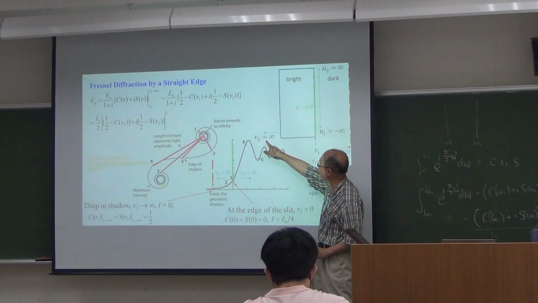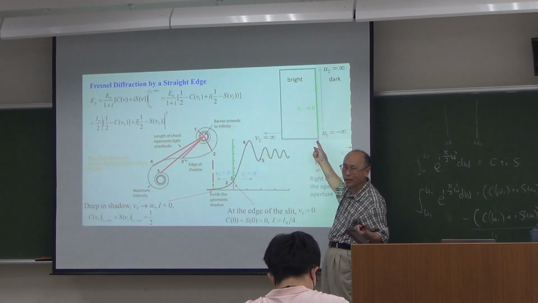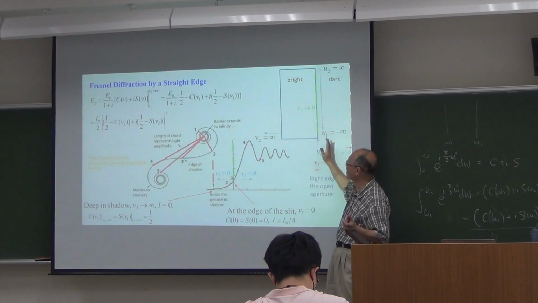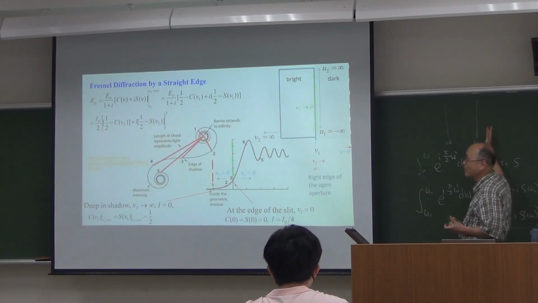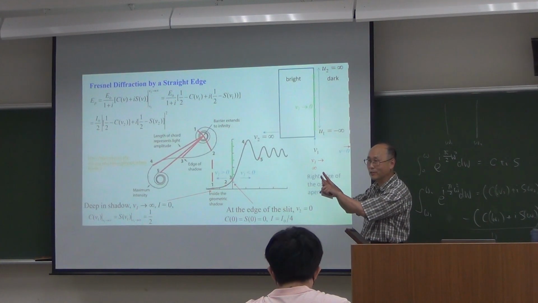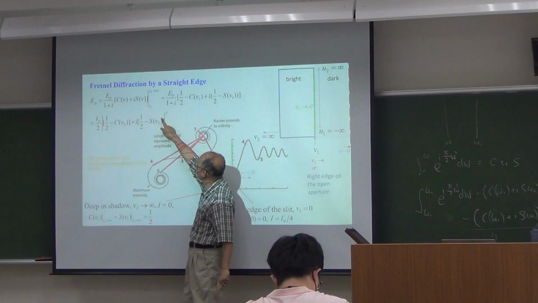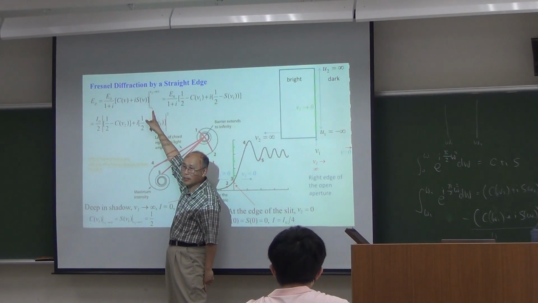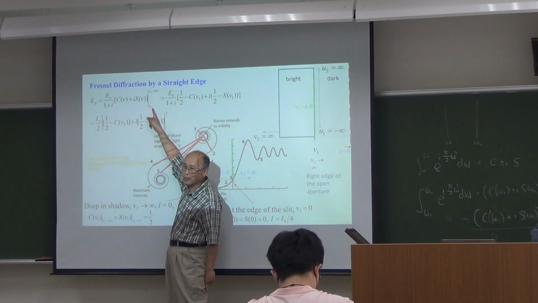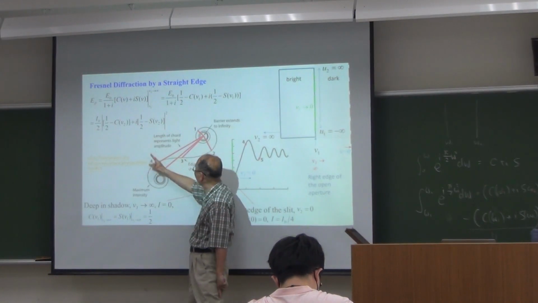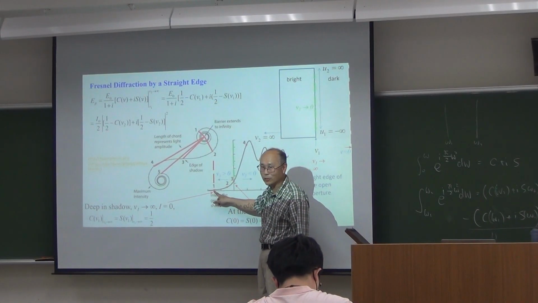Well, V2 is at infinite. V1 is also almost at infinite. If it is far in the shadow, your two vectors will be very close to each other. This is almost infinite as well. If we integrate from the same point, infinite to infinite, we got nothing. And that is this point, far in the shadow.